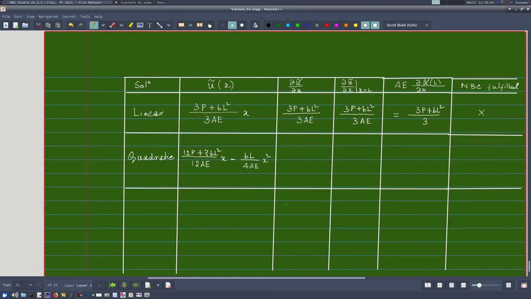So this is the solution, and del u del x will be obviously 12p plus 7bl square by 12 ae minus bl by 4 ae.